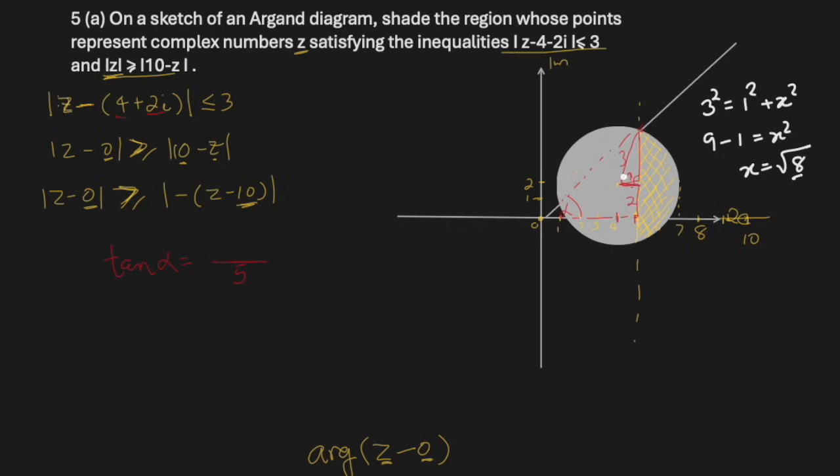Square root 8. So our numerator becomes 2 plus square root 8. Alright, and now we will find alpha, which is equal to tan inverse of (2 plus square root 8) over 5.